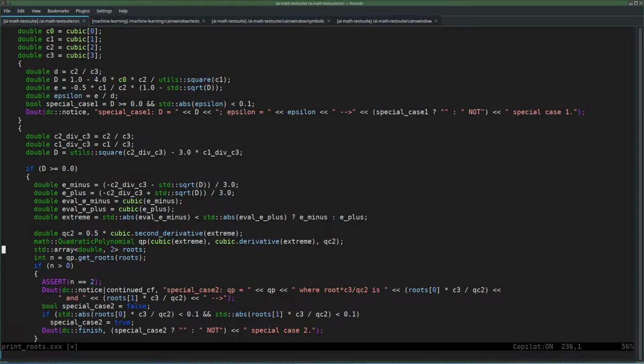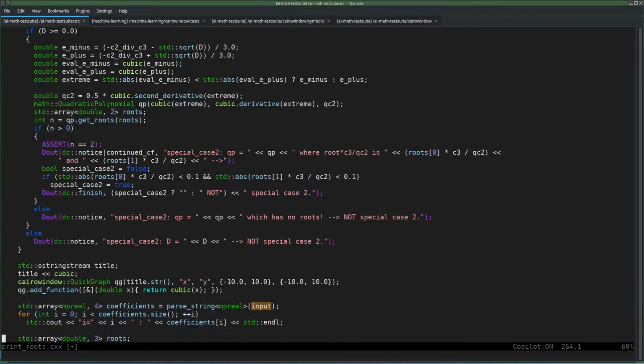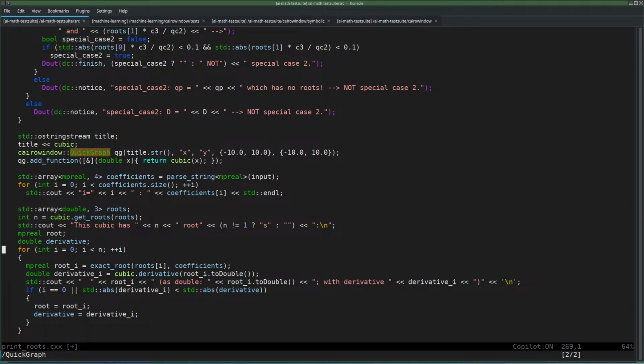This thing is working with quick graphs. How many quick graphs do I have? I have 2 of them. Quick graph. It function cubic. This is simply the cubic. We have 2 graphs. Maybe we should begin with this one.